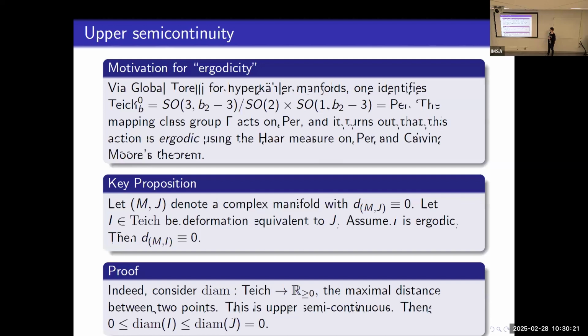That's the part of the upper semi-continuity. But because for this J we assume that the Kobayashi pseudodistance vanishes, the diameter is 0. And because the diameter is always non-negative, it must be 0 for I as well. And this is the property of the Kobayashi pseudometric for compact complex manifolds: it is upper semi-continuous. Okay, so it's a very simple proposition, but it is useful.